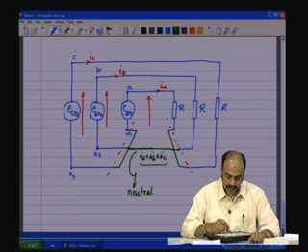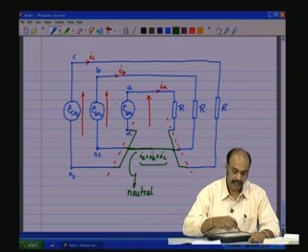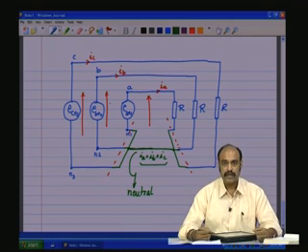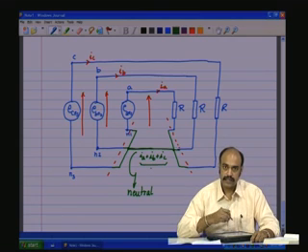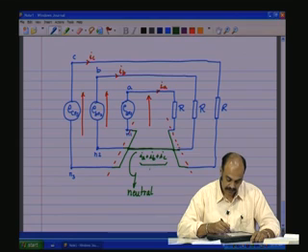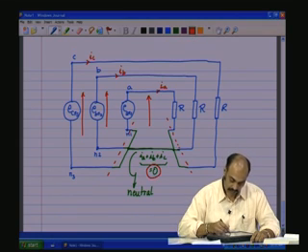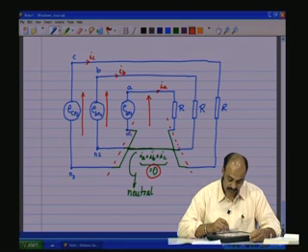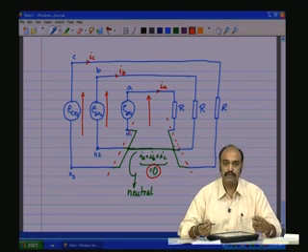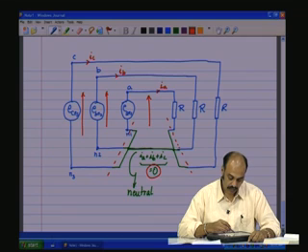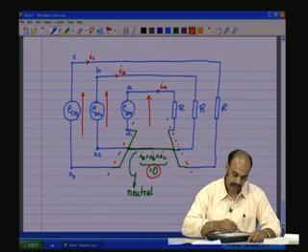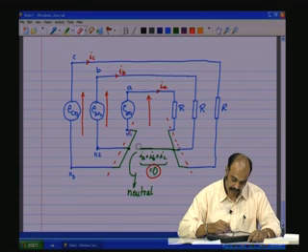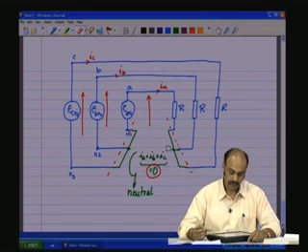If the loads R all are balanced, the voltages are all as according to the constraint, equal effective values, 120 degrees phase shifted, then you will see that IA plus IB plus IC is equal to 0 and not a very large value. So, which means the conductor here need not be very thick. In fact, if it is equal to 0, one can just eliminate this conductor and make it a 3 wire system.